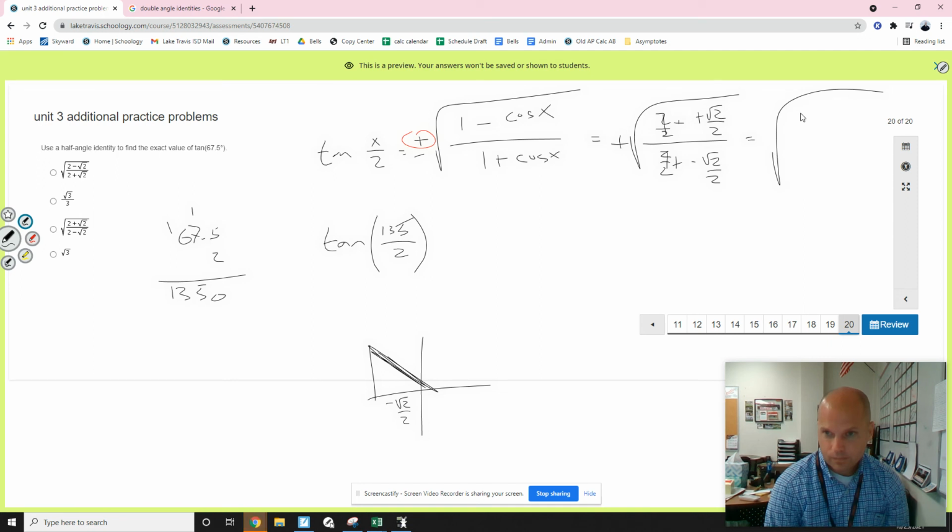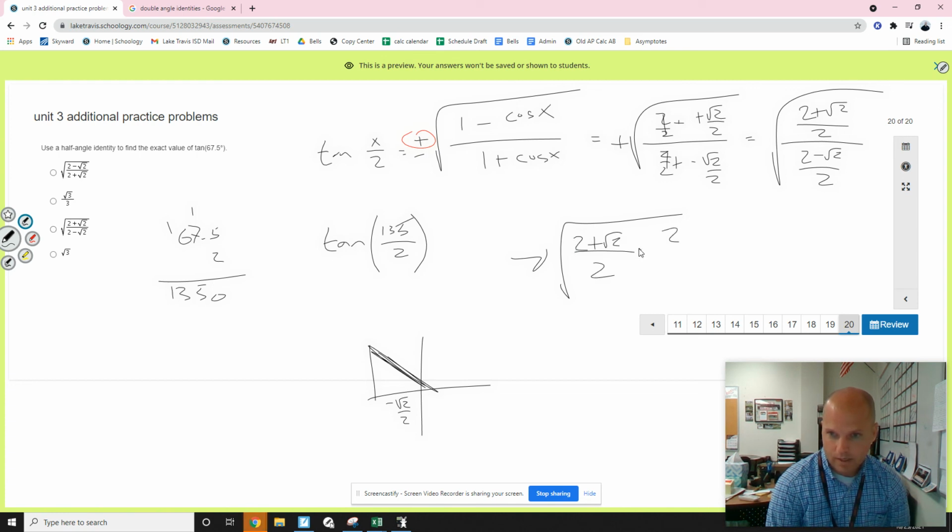Giving me 2 plus root 2 over 2 divided by 2 minus root 2 over 2. Keep the top, flip the bottom, and multiply. 2's cancel. 2 plus root 2 over 2 minus root 2.